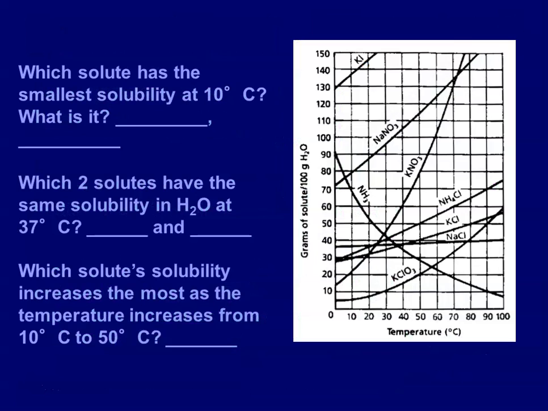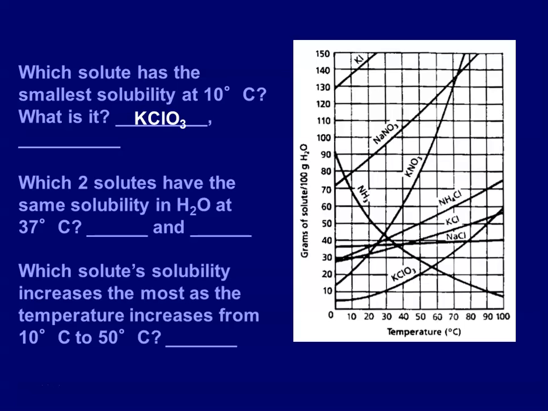So here's one of those solubility curves, just asking you some questions to make sure you're comfortable with how this solubility curve works. Which of these has the smallest solubility at 10 degrees Celsius? So I would look at 10 degrees Celsius on my x-axis. I would want to find the one that has the smallest solubility, the smallest value for y, and that would be CaCl3.